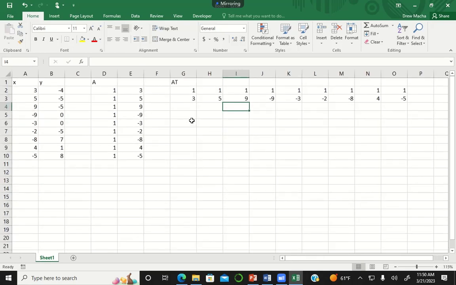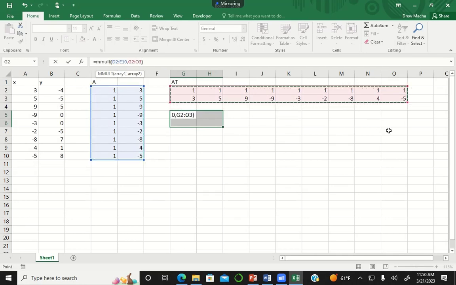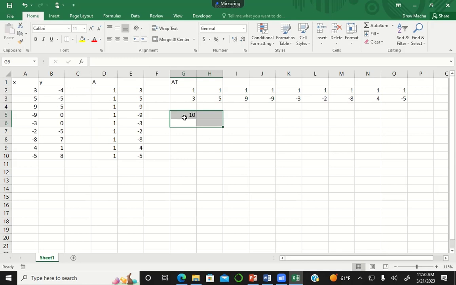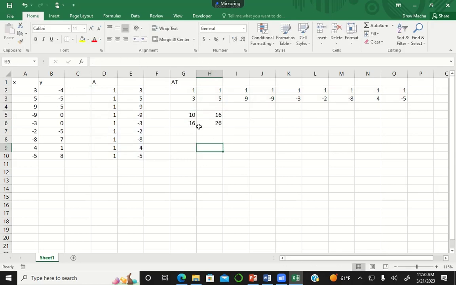Now, to get the square 2 by 2 matrix, I'm going to type in equals MMULT for matrix multiplication of the A transpose matrix and the A matrix. So I'm multiplying those 2 matrices, and I get a 2 by 2 square matrix for A transpose times A.